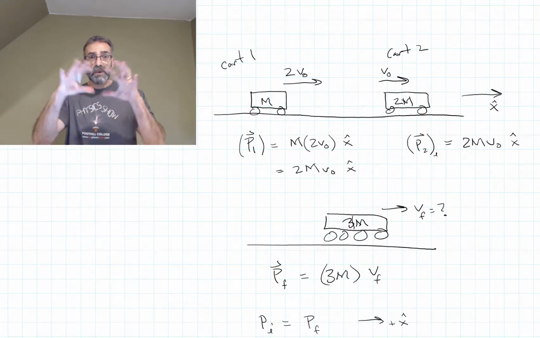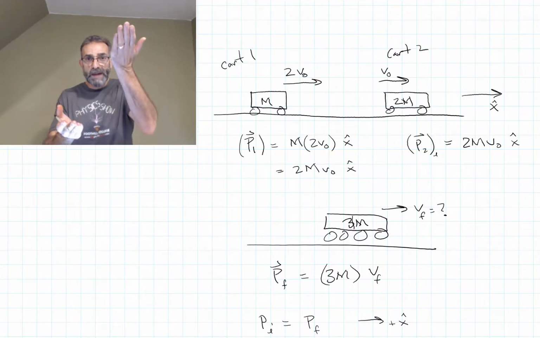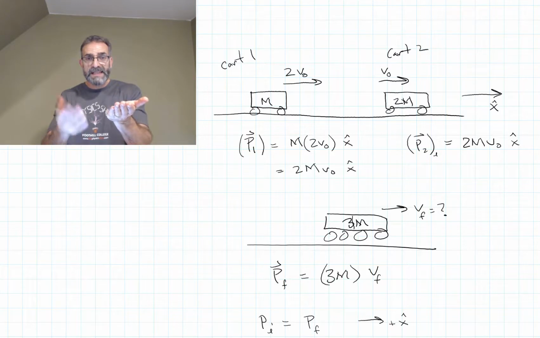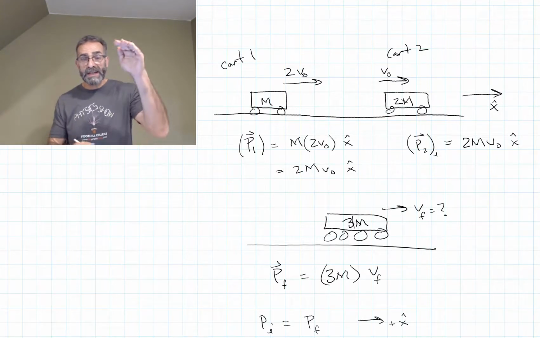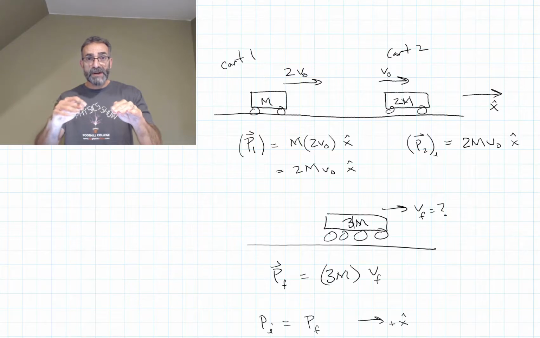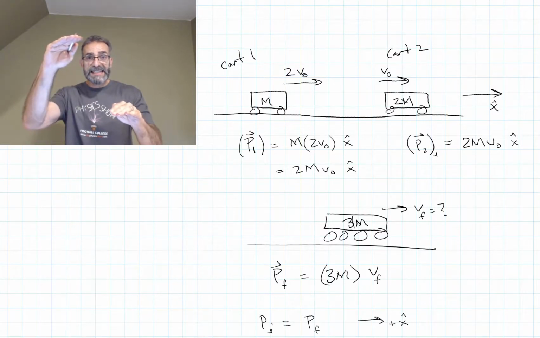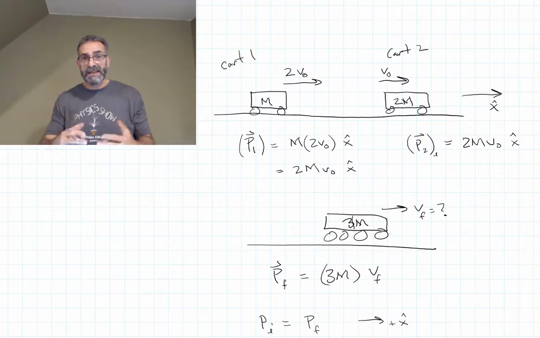But because the total momentum of our system is conserved, the amount that one loses is the same as the amount of momentum the other one gains. So if the delta P for cart 1, it lost a certain amount of momentum, the delta P for cart 2, it has to gain the same amount of momentum to keep the total momentum of the system the same.